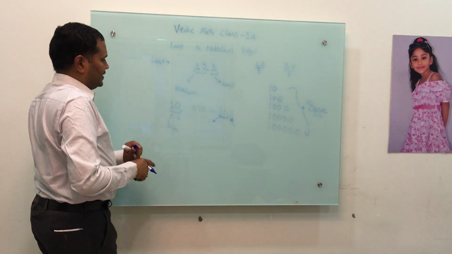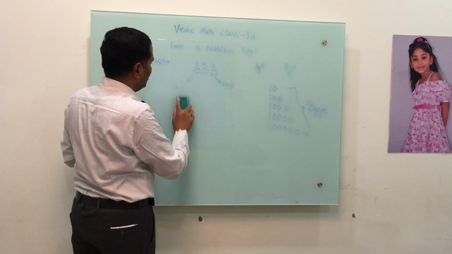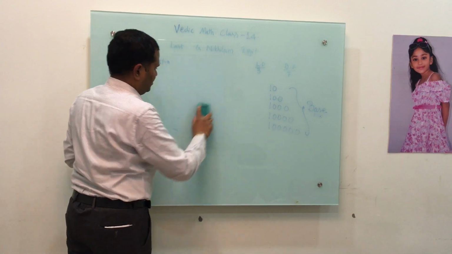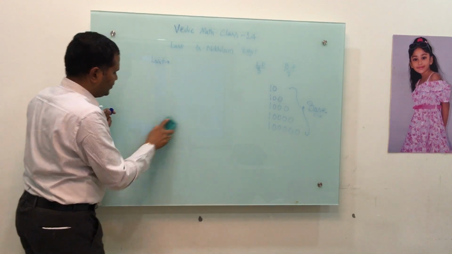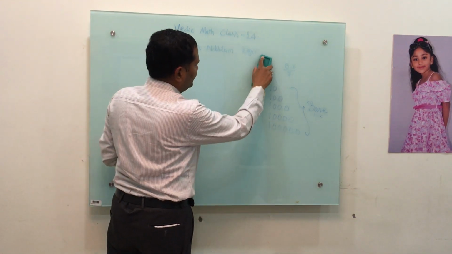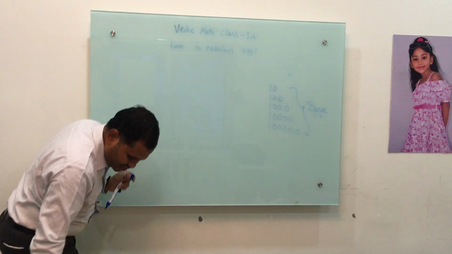Now let's get into one of the problems. Then we will understand one more term from this problem. That term is very important to apply these concepts for subtraction and addition.